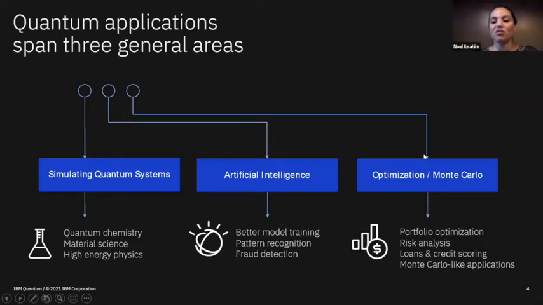Finally, optimization and Monte Carlo, we also touched on. So some of these areas in which quantum computers might contribute through better optimization and Monte Carlo algorithms are portfolio optimization, risk analysis, loans and credit scoring, and Monte Carlo-like applications.